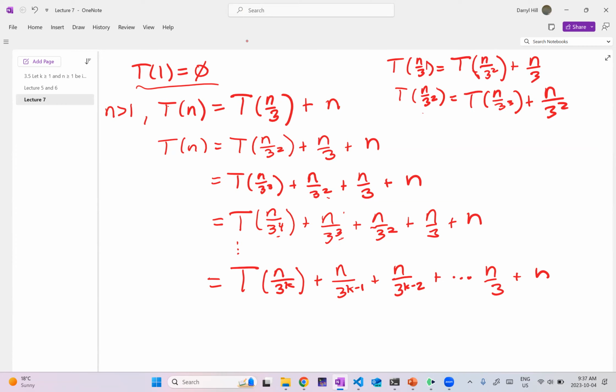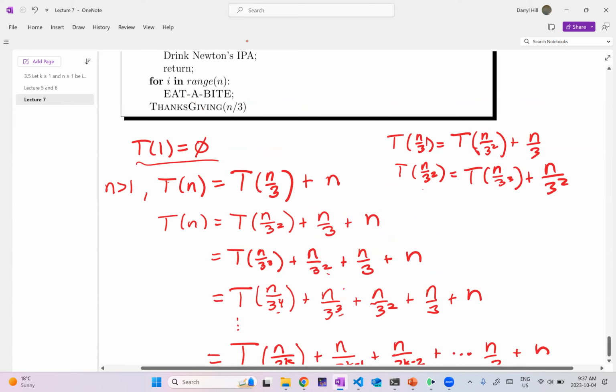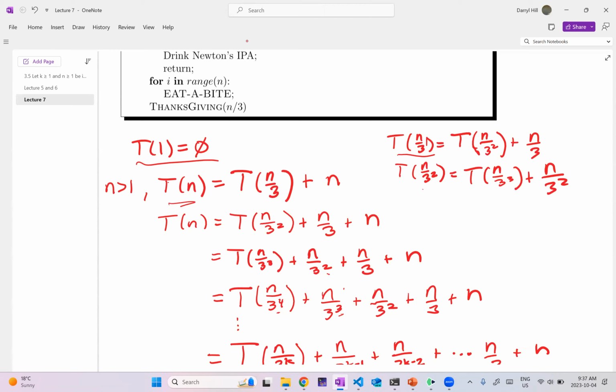Because I'm substituting in. In the first case, I have T of n equals T of n over 3 plus n. My original call makes the next call to T of n over 3. At T of n over 3, I eat n over 3 bytes, right?